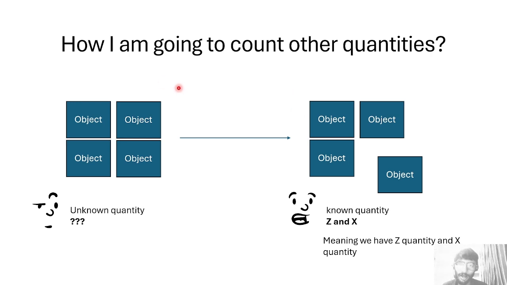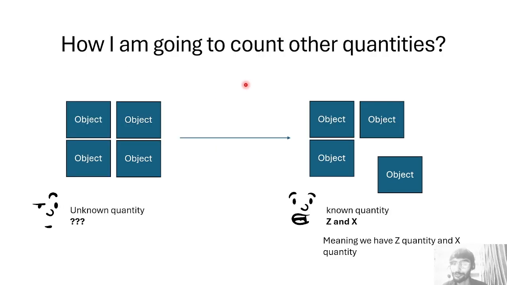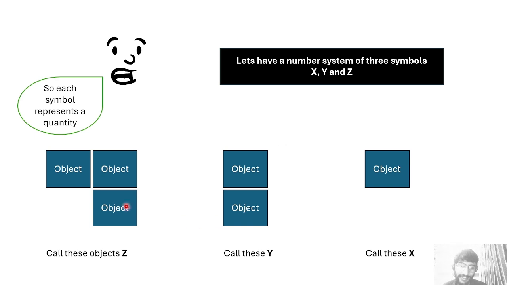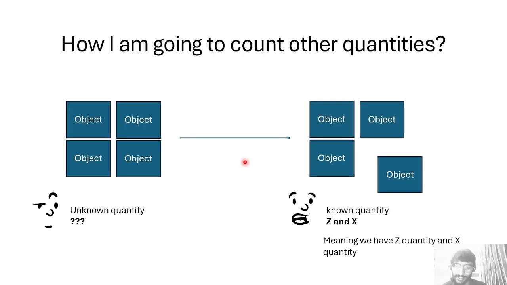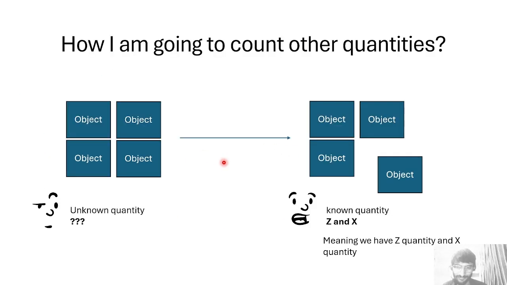Now, how is the system that we defined here going to be useful? This is the unknown quantity that Frank wants to know in terms of our defined number system. So what Frank will do is divide this quantity in such a way that it looks like these quantities here.